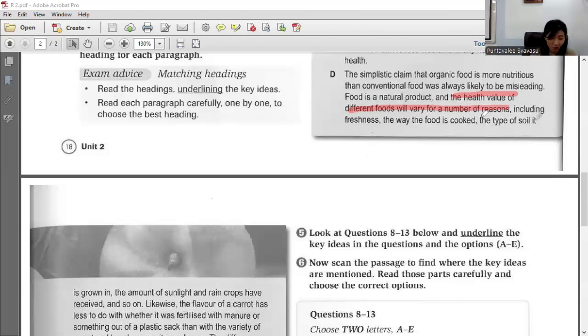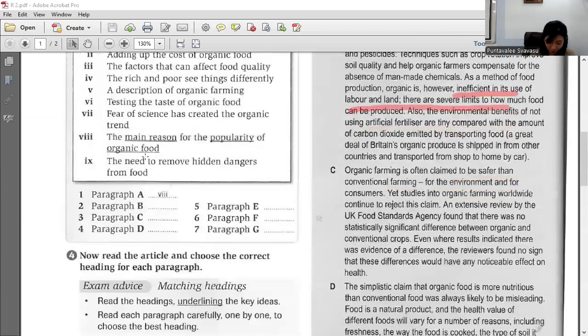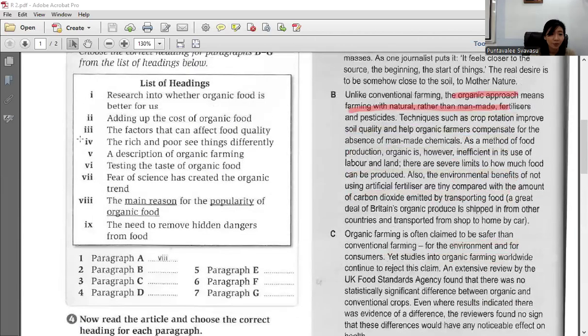So the main idea of this paragraph is that they would talk about reasons here. So the answer for paragraph D would be number 3, which is the factors. Factors can match to reasons, and food quality could match to health value of different food.